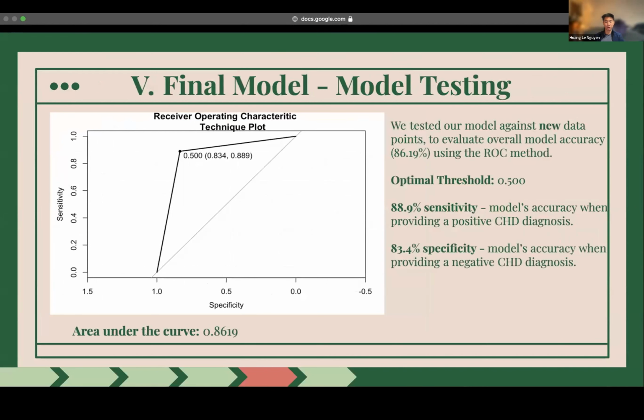Just to extend our analysis, we also tested our model against a more rigorous model. So we basically split our data set into two parts, one 75% in size and the other 25% in size.